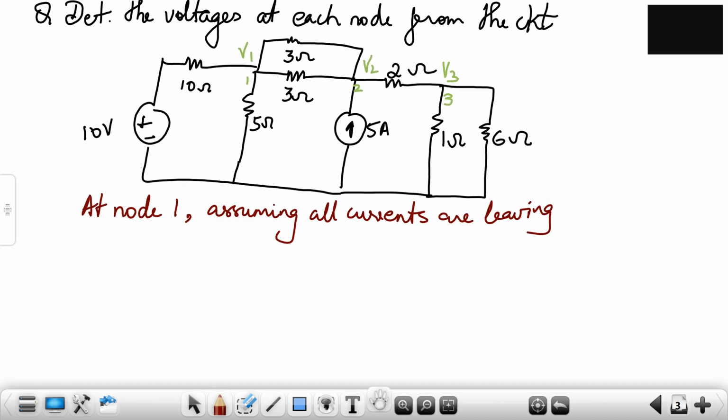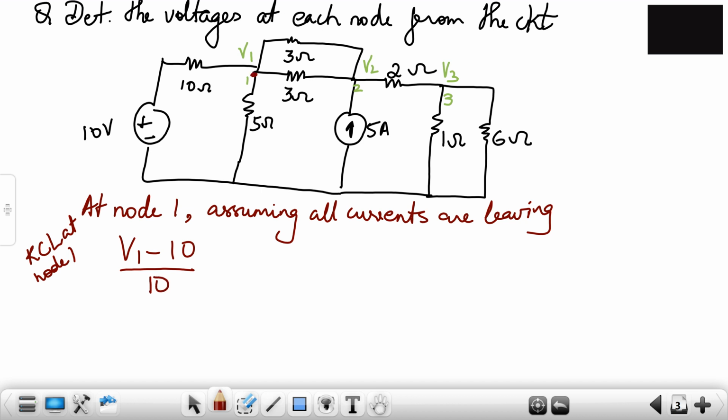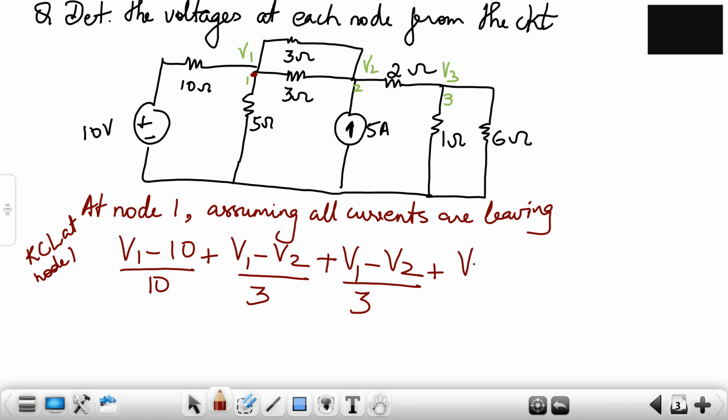So let's write down the equation. KCL at node 1: it will be (V1 minus 10)/10, where 10 is the resistor, plus (V1 minus V2)/3, plus (V1 minus V2)/3, plus V1/5, is equal to 0.